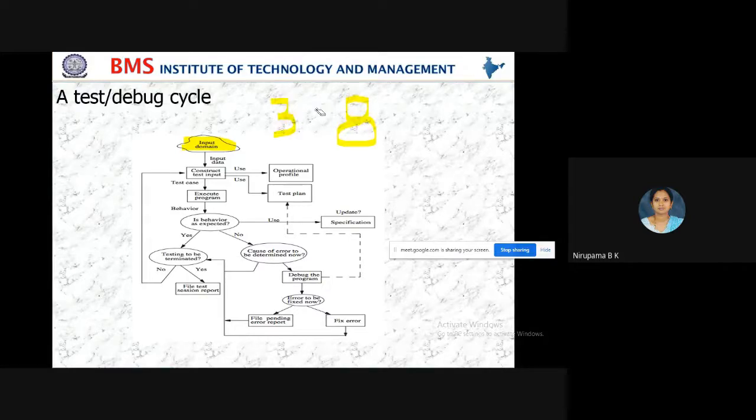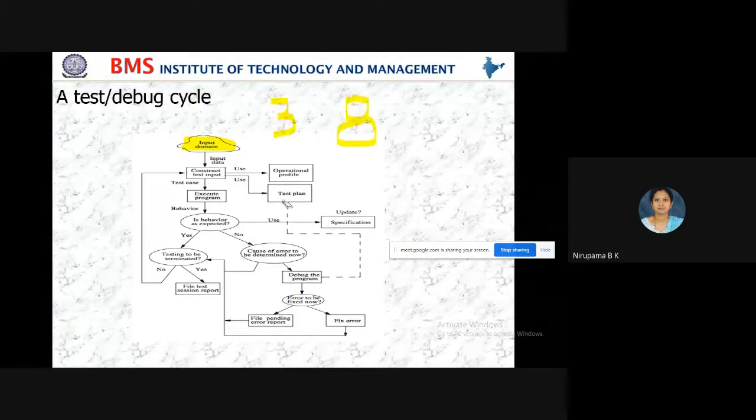That is what I want to perform, that is nothing but an operational file, which is nothing but logic. With the help of this logic, I am going to construct the test plan and I execute the program.